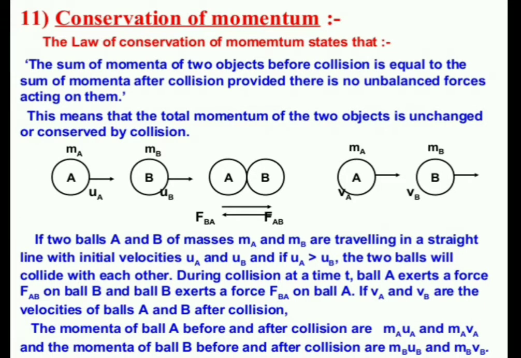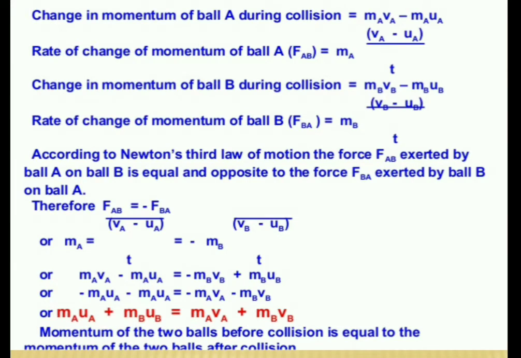Next you see the change in momentum of ball A during collision. Final velocity minus initial velocity, according to the equation of acceleration. Change in momentum of ball A during collision we may write as MA VA minus MA UA.